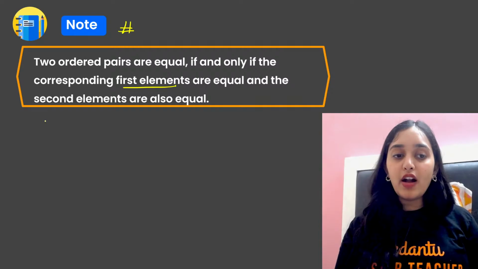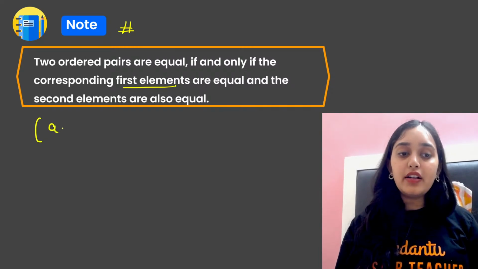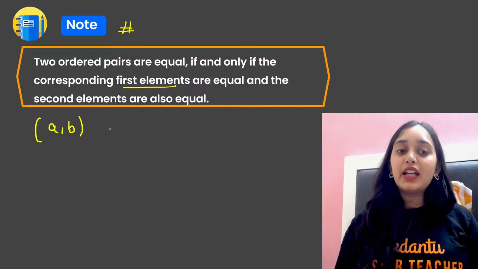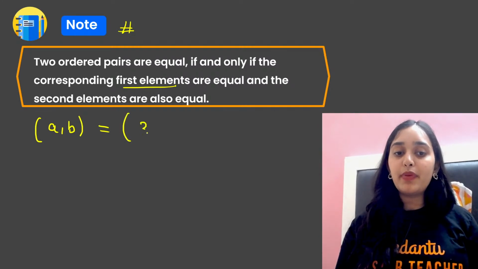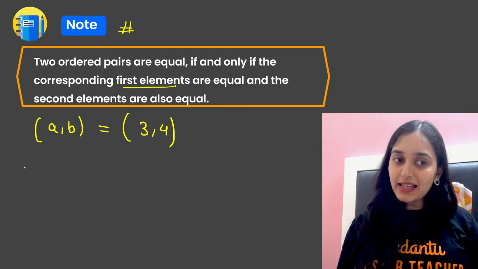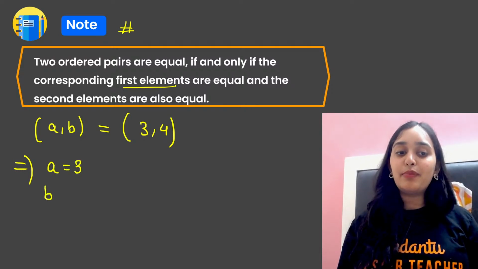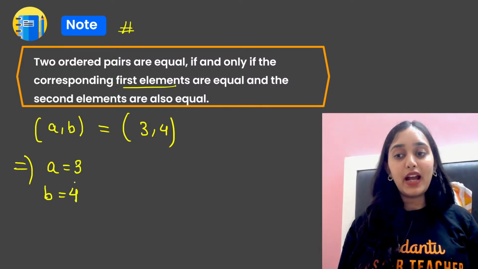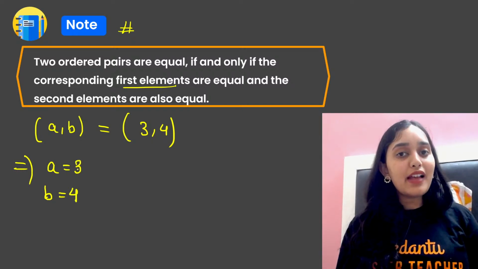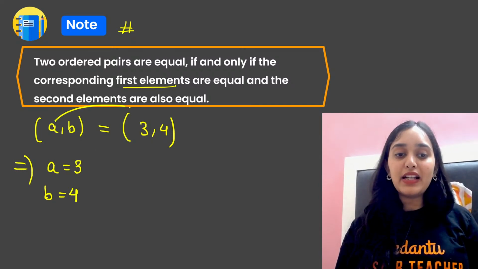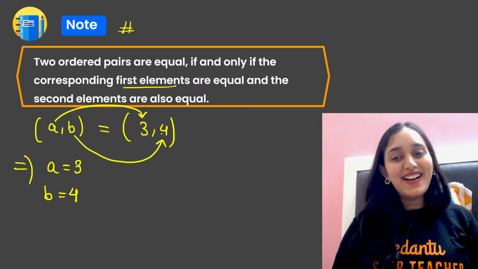That means if I say that the ordered pair (a, b) is equal to the ordered pair (3, 4), this implies that a is equal to 3 and b is equal to 4. So ordered pairs are equal if the first element is the same as the first element and the second element is the same as the second element.